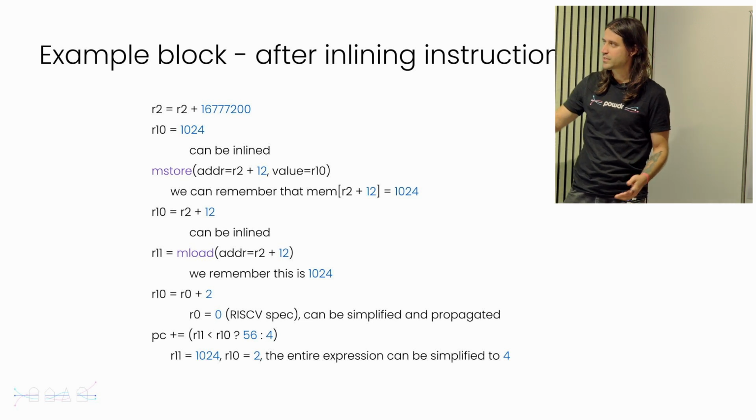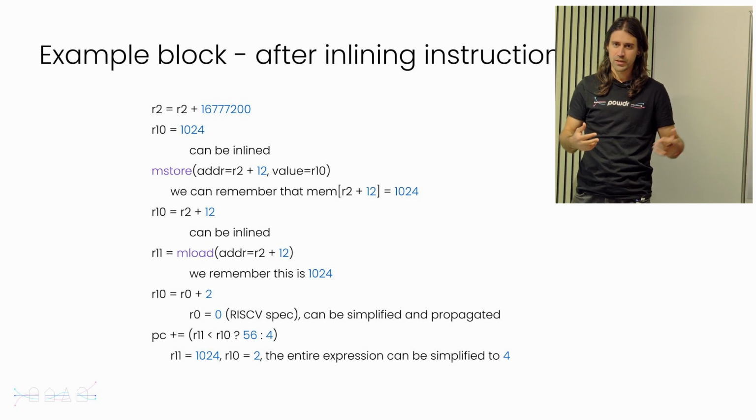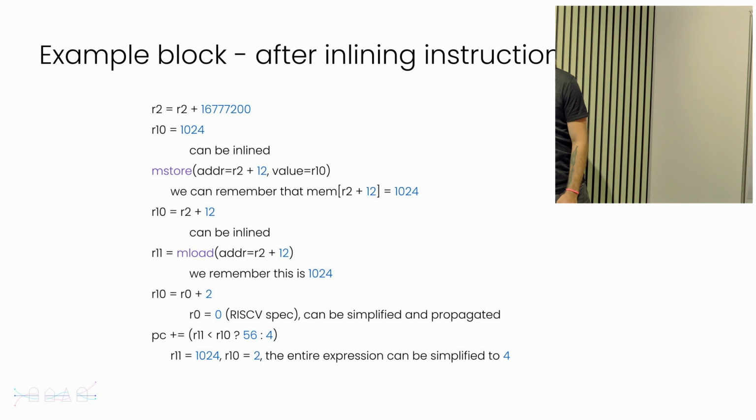The reason for this is that this is a linear expression, and it doesn't cost more if you inline them. It gets more expensive if they're not linear, but this can be removed. Then we're loading from address R2 plus 12, which is literally what we just wrote. So this load can actually completely go away, and we know it's 1024. Now we have R10 equals R0 plus 2. R0 is actually always 0 in the RISC-V spec because of hardware.